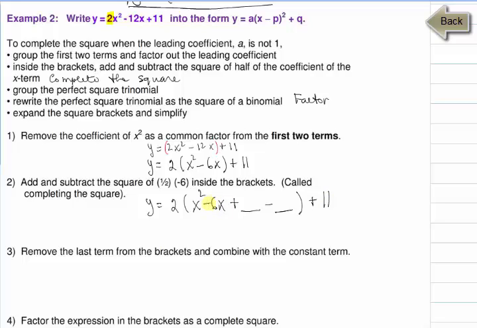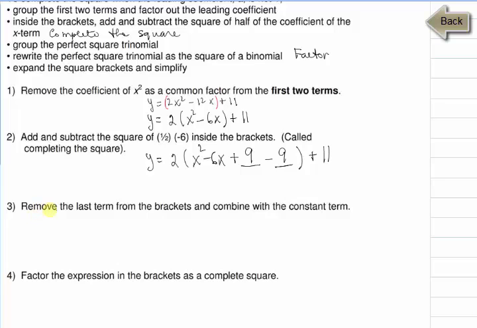Half of negative 6 is negative 3, and negative 3 squared is 9, so we're going to add 9 and minus 9. Once again, the reason why we add and subtract the same number is because when we combine those two numbers, they give us 0, and we don't change the overall value of our original quadratic. So the next step is completed.